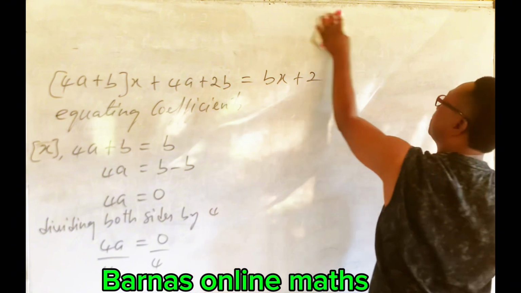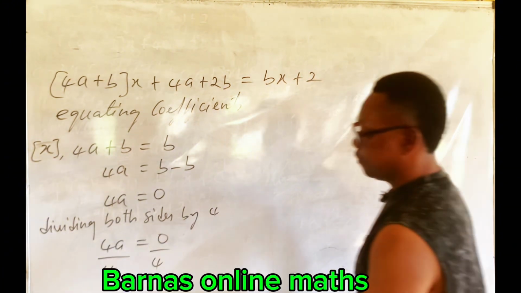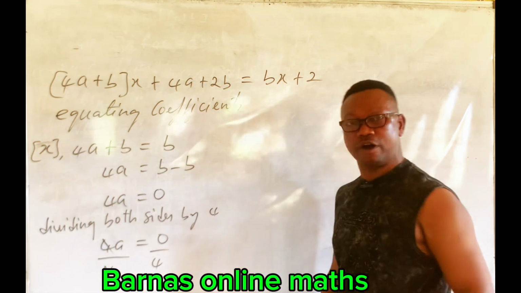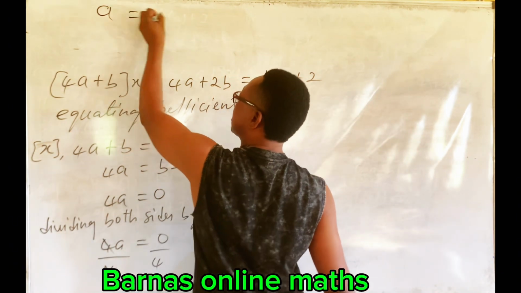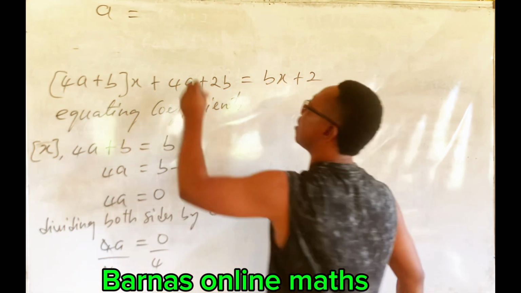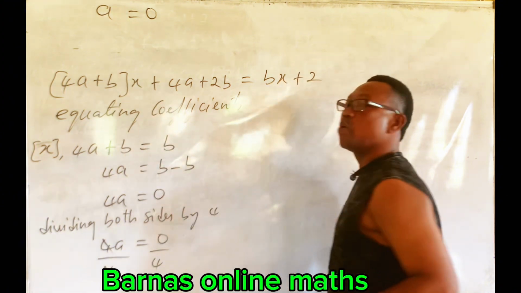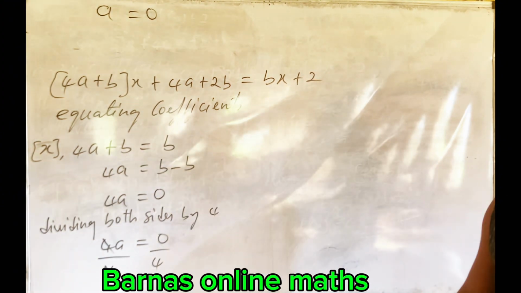Okay, let me clean up. This 4 here will cancel this 4. What left here becomes a, which is equals to 0 divided by 4, automatically will give us 0. So we have found the value of a to be 0.